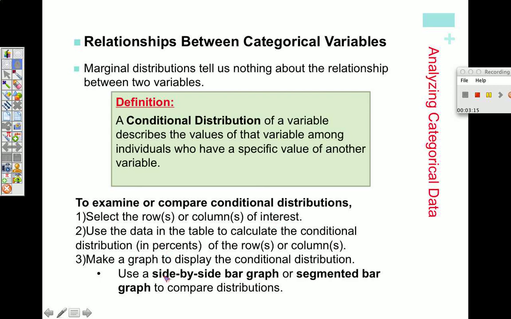We're going to use a side-by-side bar graph or a segmented bar graph to compare these distributions. And one thing we'll look at is how to actually create these by hand and using technology. One thing to know is the marginal distribution looks at the totals, whereas the conditional distribution is looking at the split apart data.